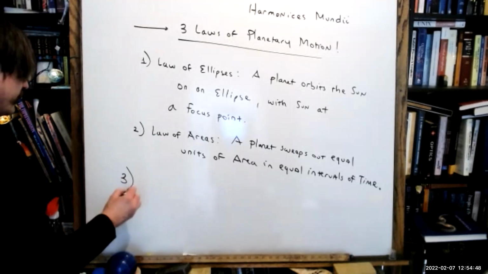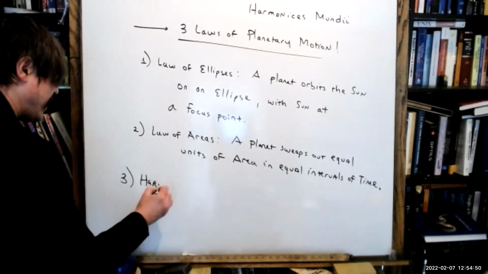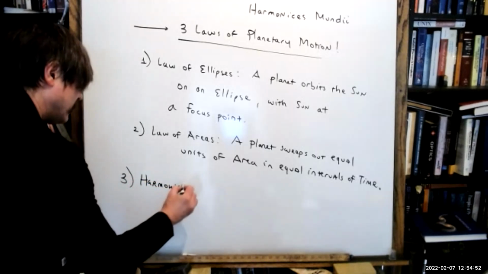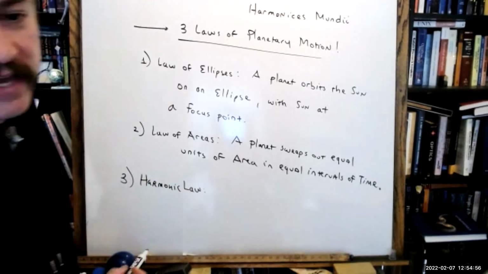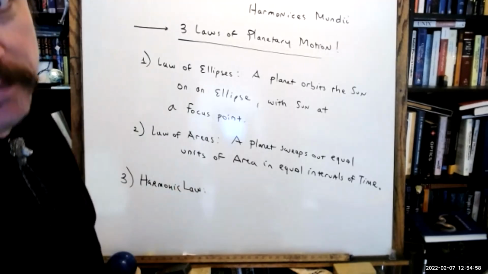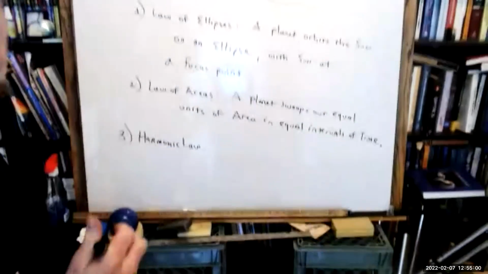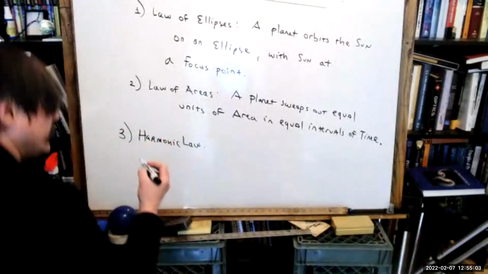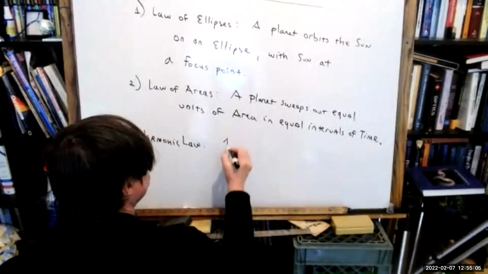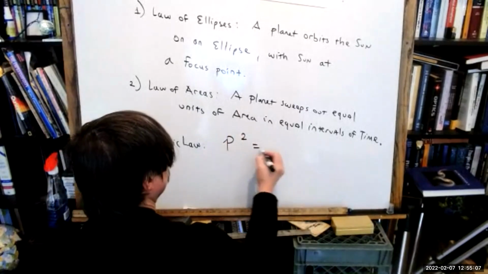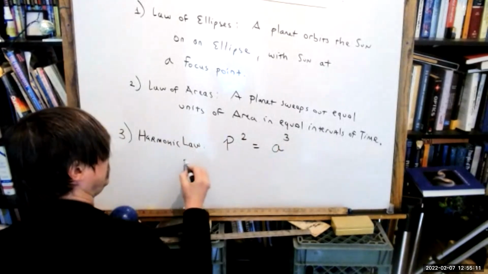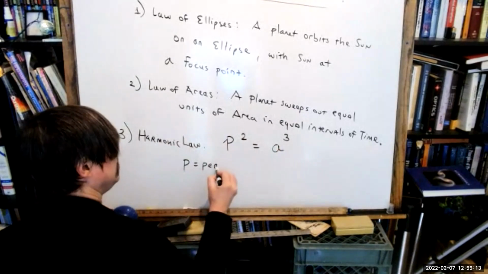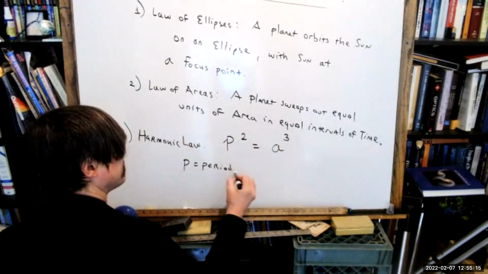The third law is what was referred to as his harmonic law. And here Kepler found a mathematical relationship. You had to use it in your homework last week, so you should be slightly familiar with it. The relationship is that p squared is equal to a cubed, where p is the sidereal period.